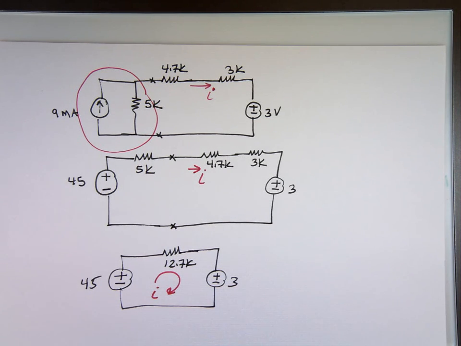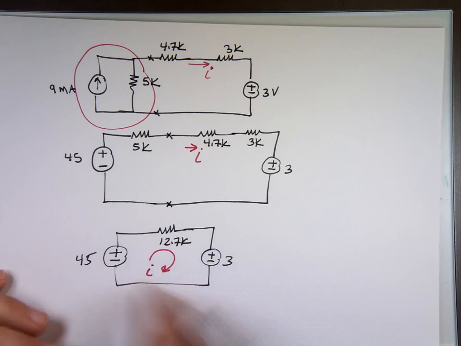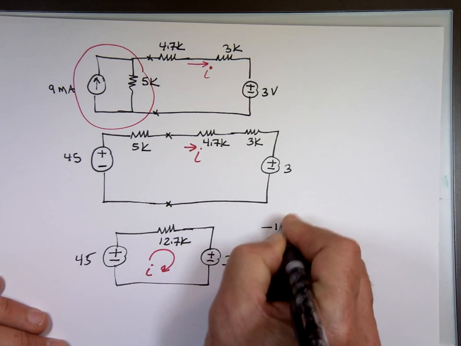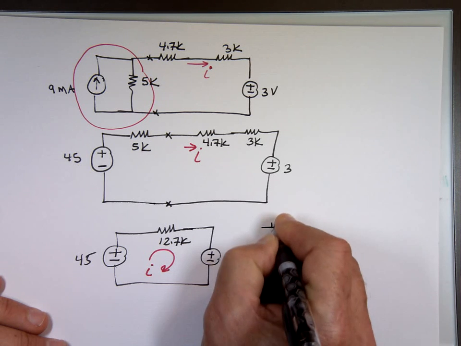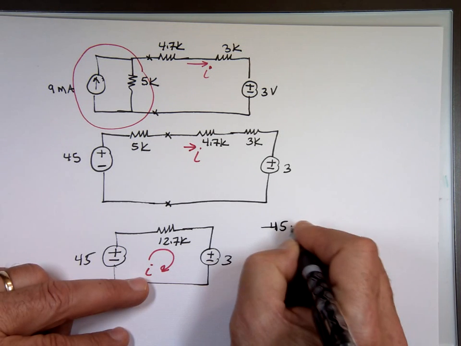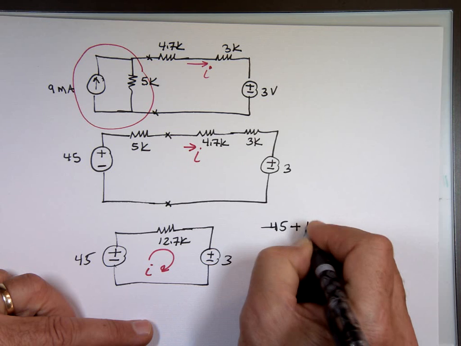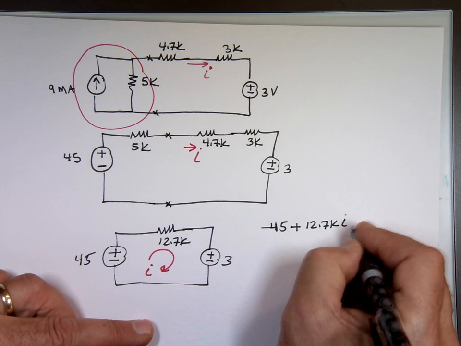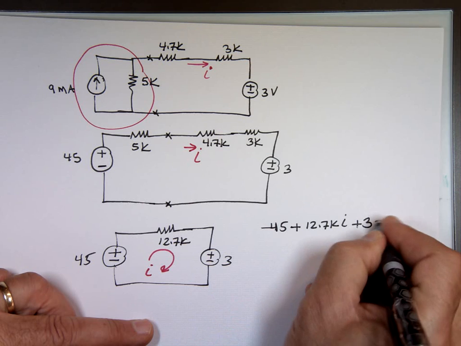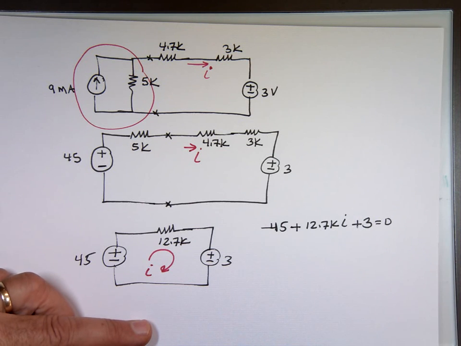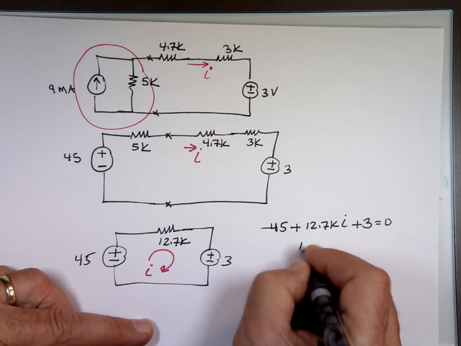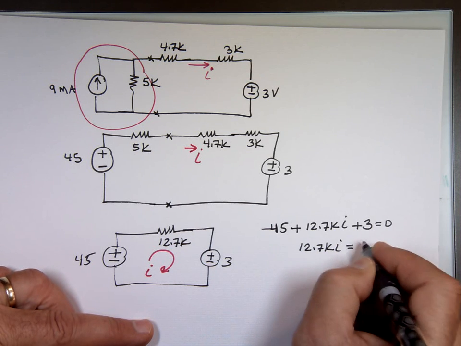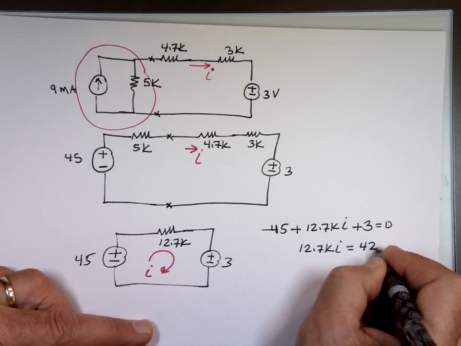I can do KVL here. Sum of the voltage in a closed loop is 0. Negative 15, or 45, not 15. Negative 45 plus 12.7K times I plus 3 is equal to 0. 12.7K I equals what? 42?